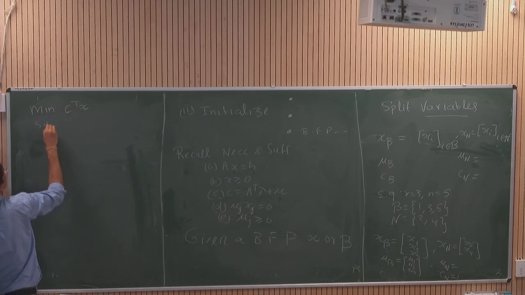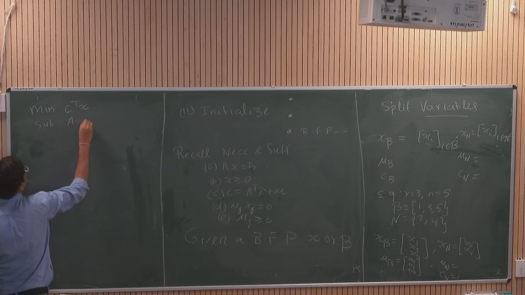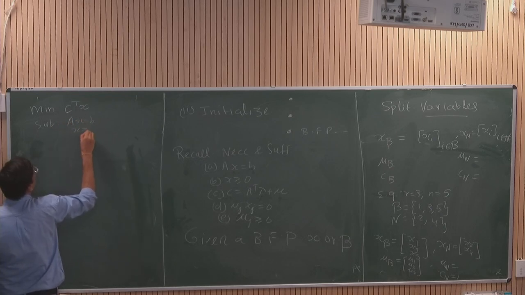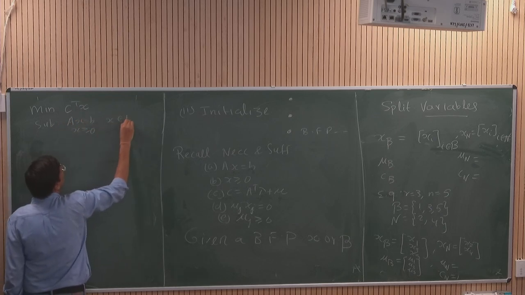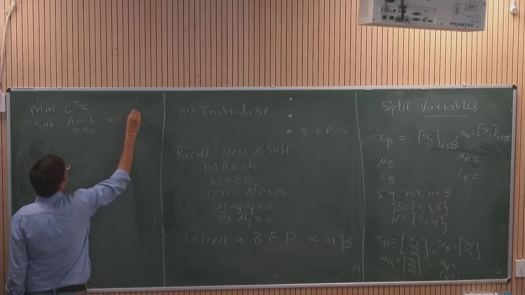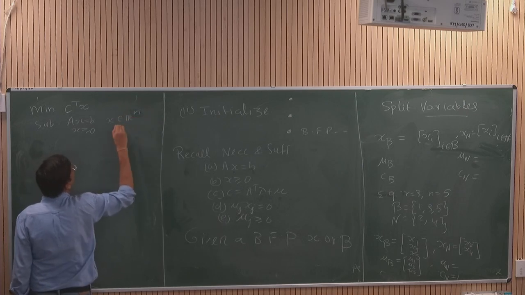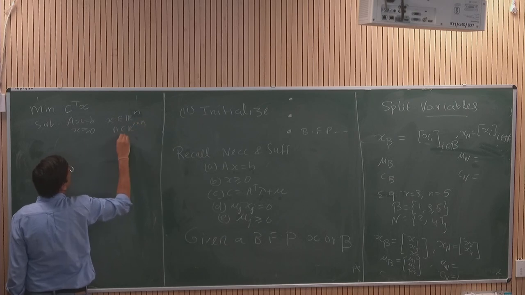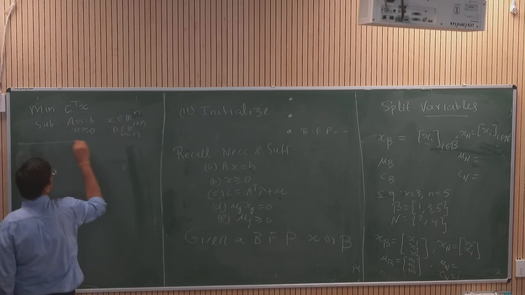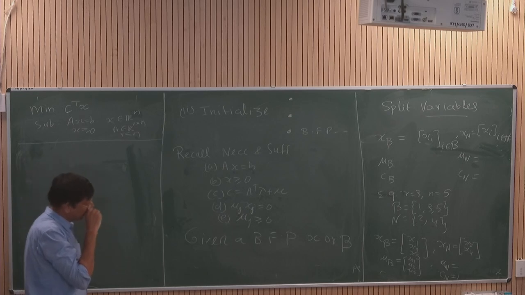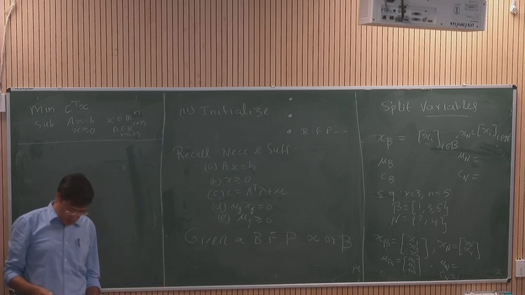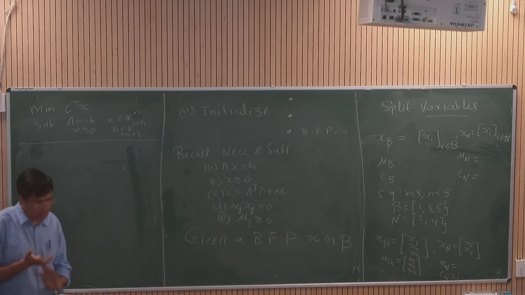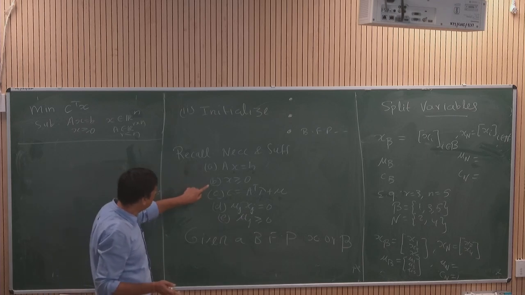Subject to Ax equal to b and x greater than or equal to 0. x belongs to n-dimensional space and A is r cross n with r less than n. That is your problem. Now we try to satisfy these conditions 1, 2, 3, 4, 5.